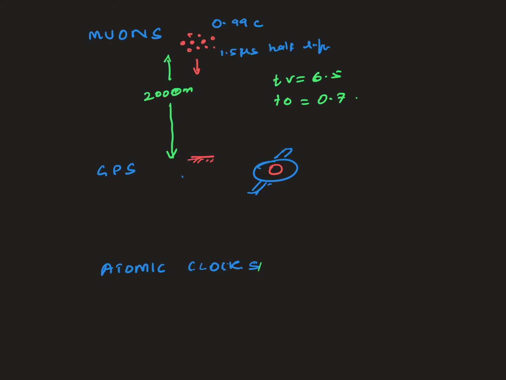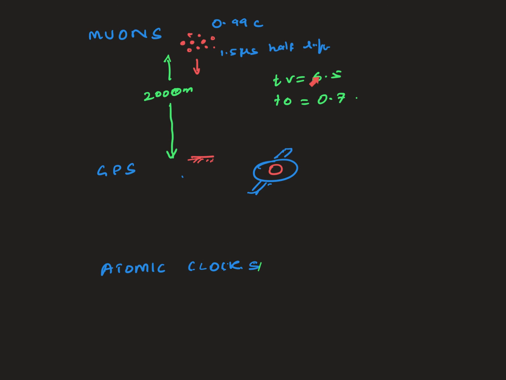Why? Because they travel at a speed of 0.99 c, which is close to the speed of light. In this example, the mountaintop is 2,000 meters high, and for us, calculating for that speed, it might take 6.5 microseconds, but for the muons, it takes only 0.7 microseconds, which is less than the half-life. So they are able to reach the surface because in their reference frame the time is shorter.